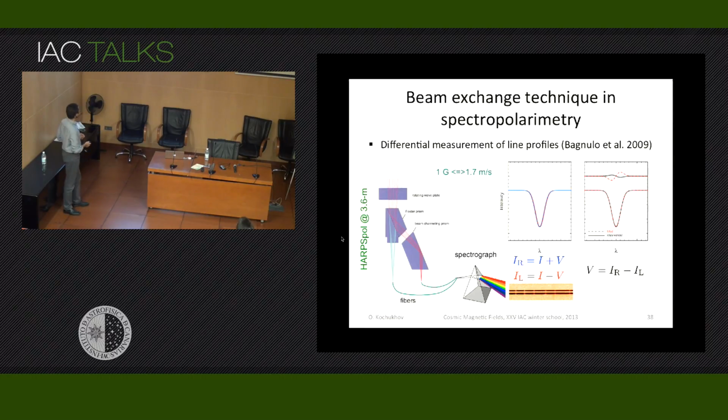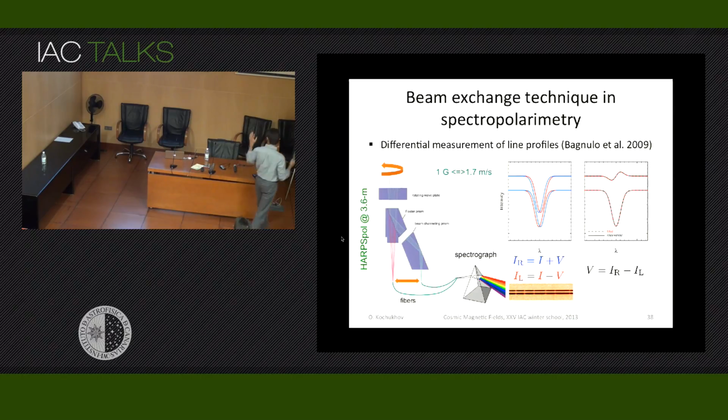This is an illustration of the problem of wavelength calibration. I made an error in assigning wavelength to IR relative to IL, and then I can even switch the sign of the Stokes V signature relative to the true one.